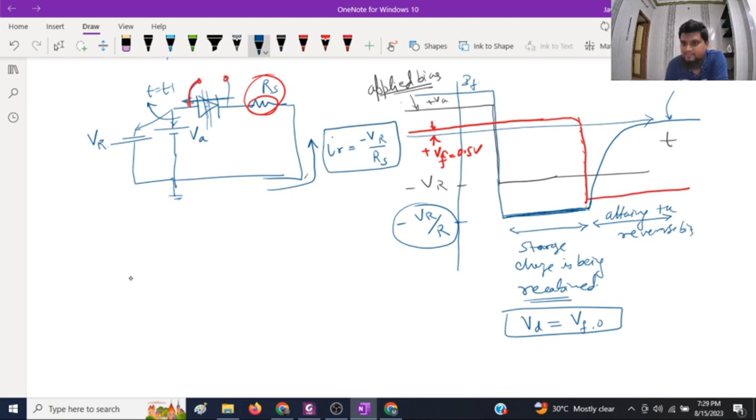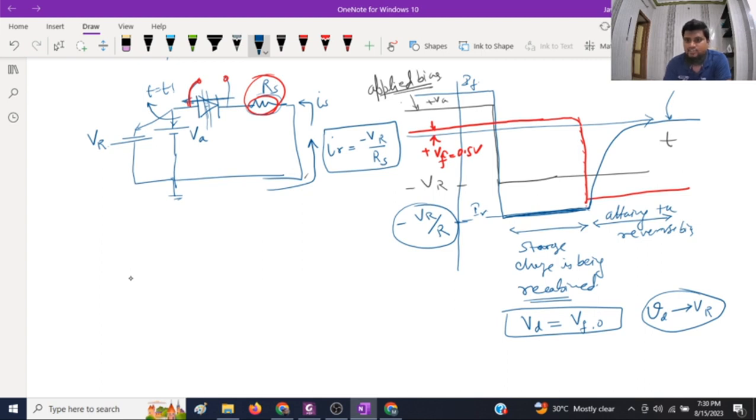That means the voltage across the diode will tend to VR, because in case of reverse bias, now this current will become IS, which will be very small. So the voltage drop across this series resistance will be very small, and hence all the voltage will drop across this. Okay, so let's assume the current over here was IR.